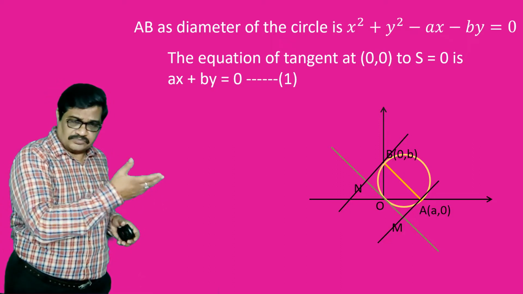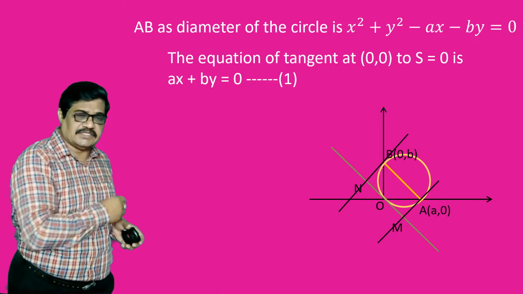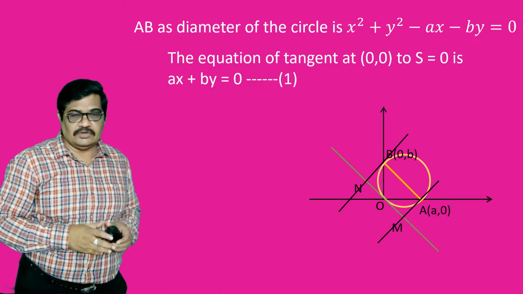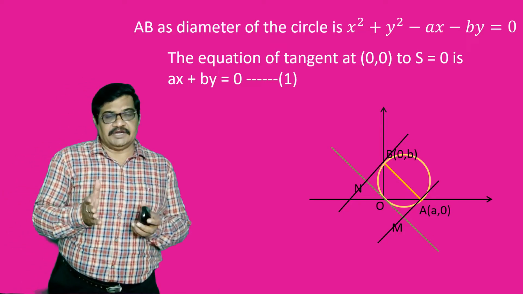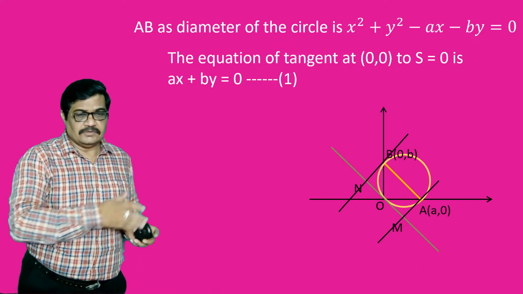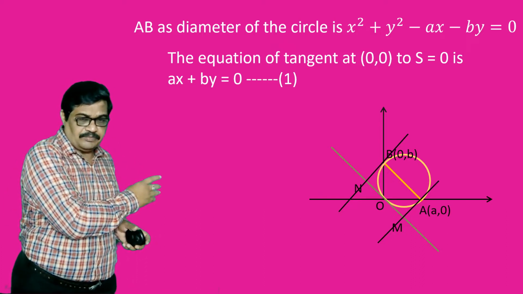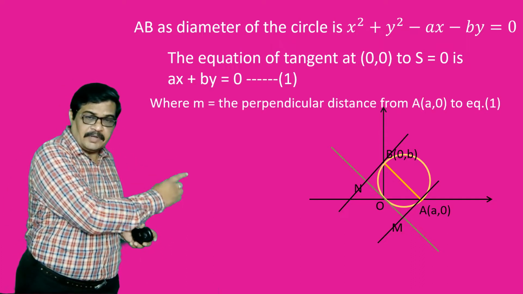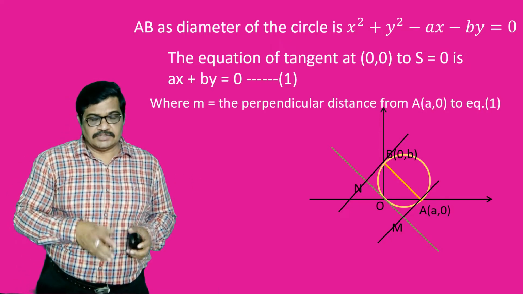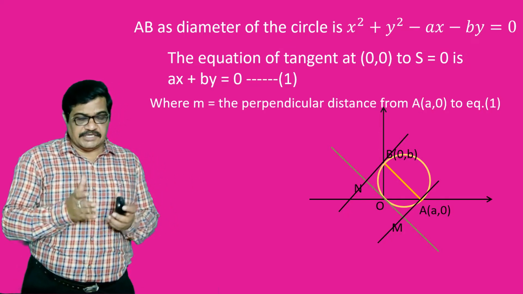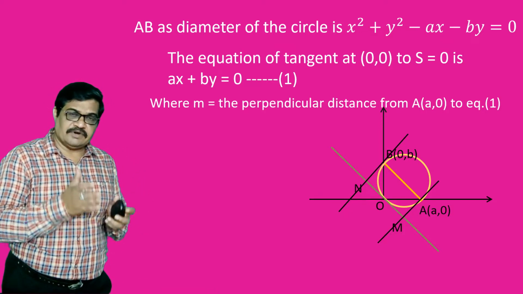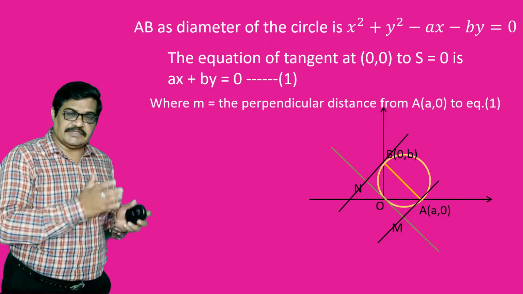That is, the tangent at origin we are getting is ax plus by is equal to 0. This is the tangent at the origin to this circle. Okay. Now m is the perpendicular distance from A, that is A comma 0, to the equation 1. So it is given that the distance from A to the tangent is small m and the distance from B to the tangent is small n.